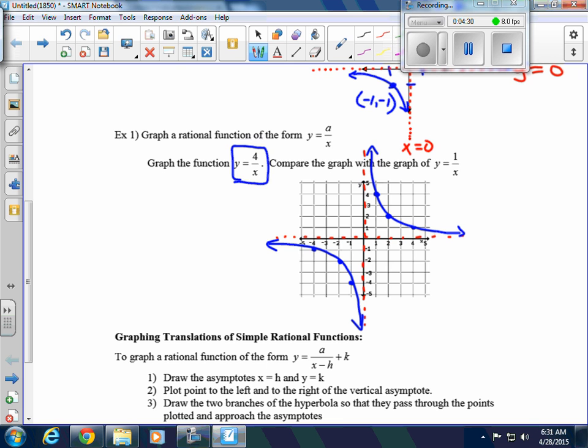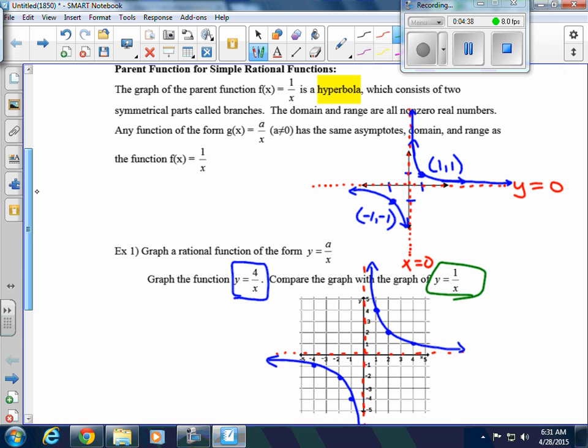We want to compare it with the parent function. So here is our parent function, and we want to compare that graph with this graph.